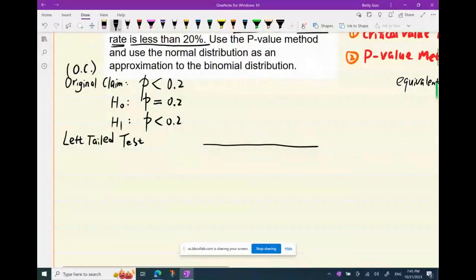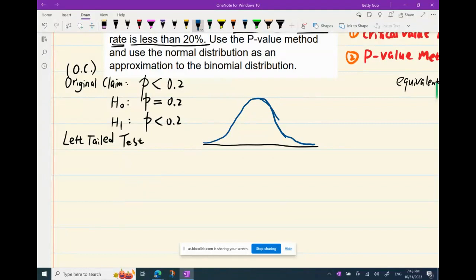So the curve we're going to have is a standard normal curve. If I write a very accurate curve, it takes a little bit of time. If I draw the curve faster, sometimes I get a very fat tail.